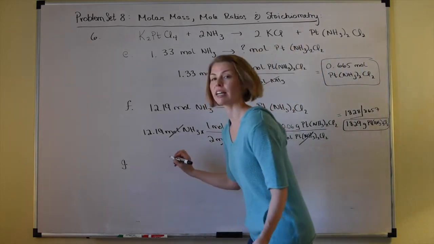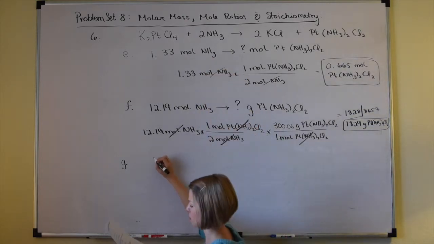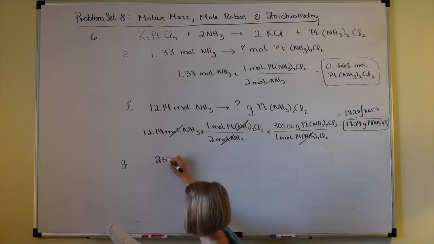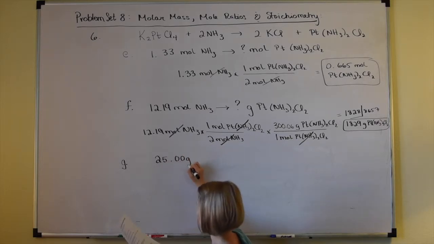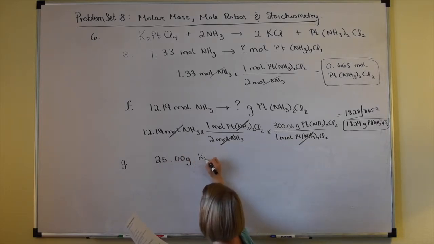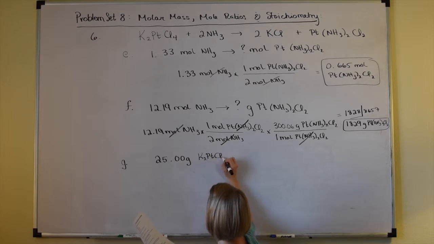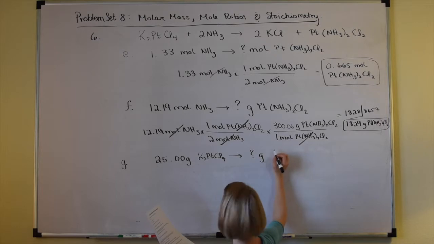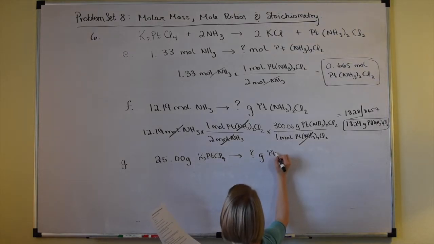So again, I like to start with just a simple overview of what I'm trying to do here. So 25.00 grams of the potassium tetrachloroplatinate, and I'm trying to figure out how many grams of the cisplatin can form.